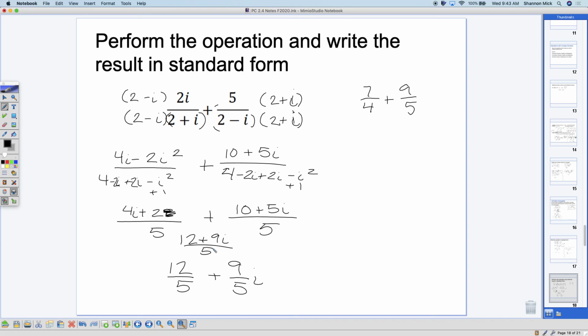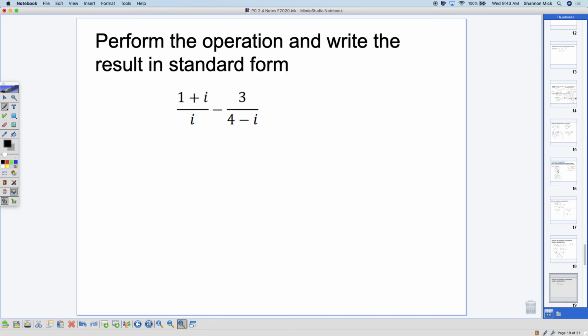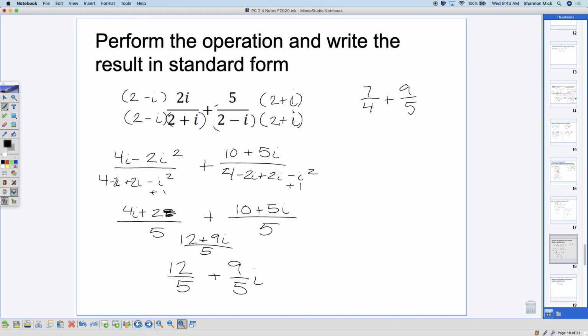Now, that doesn't always happen. Wait, on the 4i plus 5i, wouldn't that be 9i squared? No, you're adding. Exponents stay the same when you add. Okay, so then what do you do now? You just write it like a complex number.